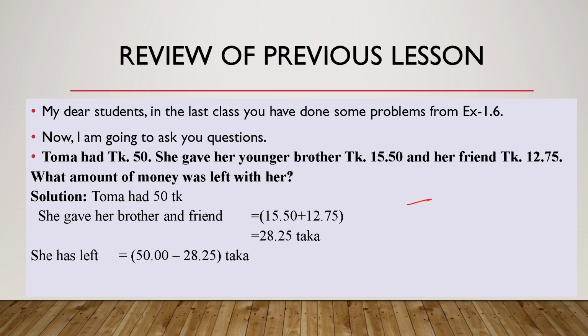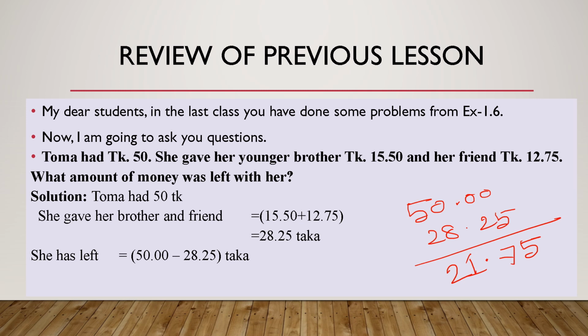You can see 50.00 minus 28.25, and if we subtract, it will be 5, it will be 2 1 3, it will be 7, decimal 1, it will be 2. So 21.75 is the desired answer, you can see. So this is the answer of this question.